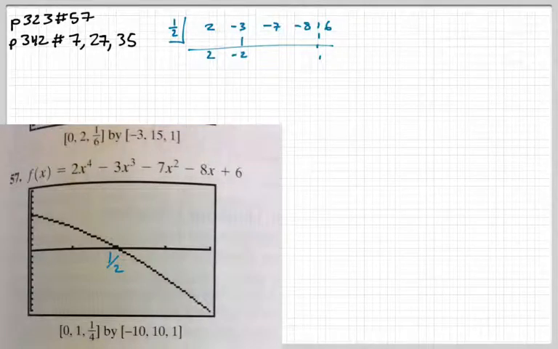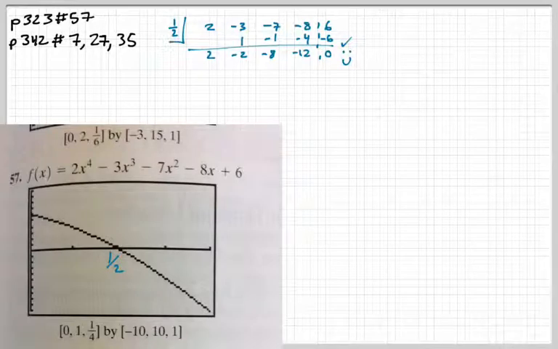We get -2, and then we multiply that times 1/2 and get -1. -1 and -7, we add those together, we get -8. -8 times 1/2 is -4. What is -8 and -4? -12. Half of that is -6. When I add those, I get 0. You should be happy right here. It works. The graph did not lie to us.